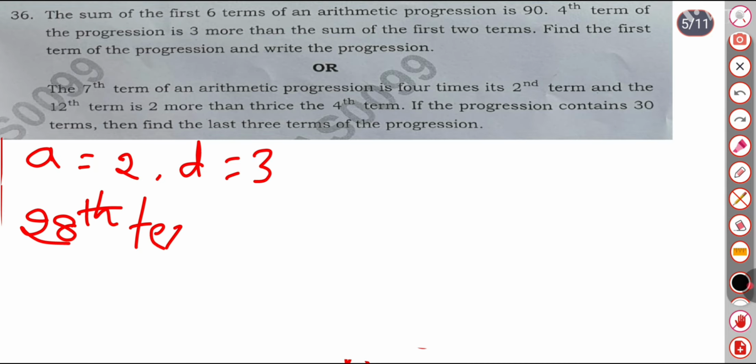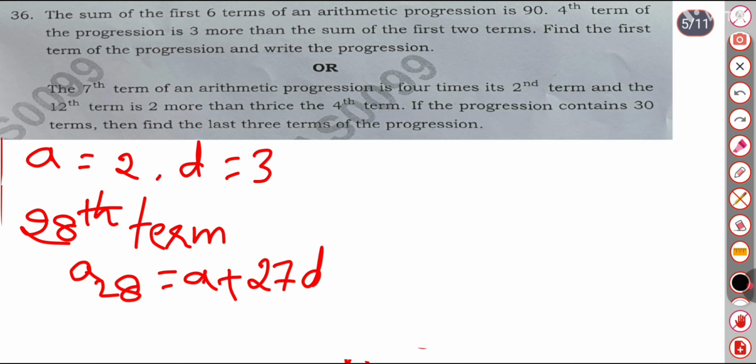28th term, that is a28 is equal to a plus 27d. That is, a is 2 plus 27 into 3, which is equal to 83.